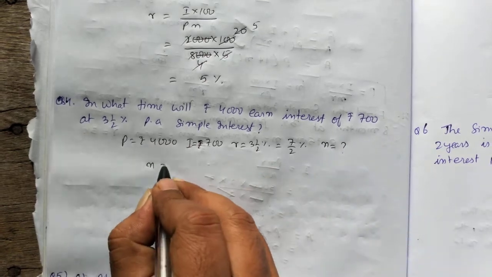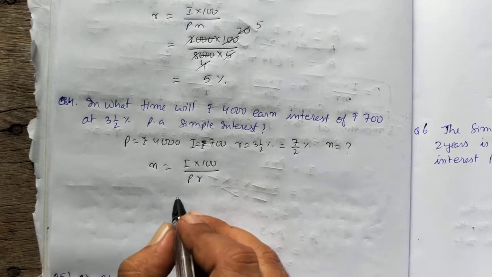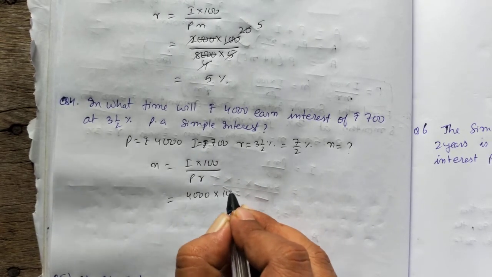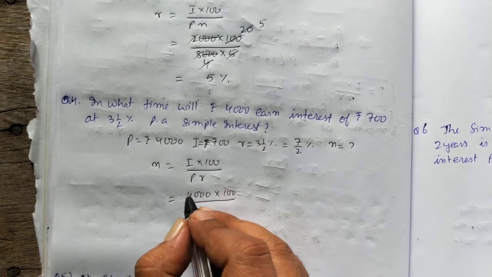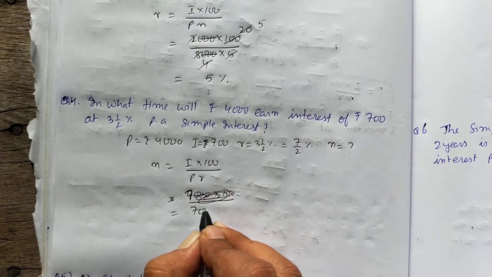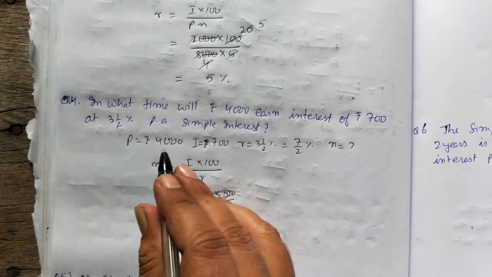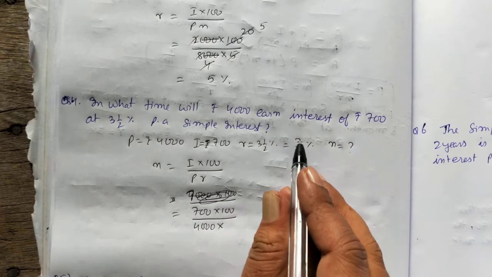So directly use the N formula. I into 100 by PR. I is 700. 700 into 100 by P is 4,000 into R is 7 by 2.